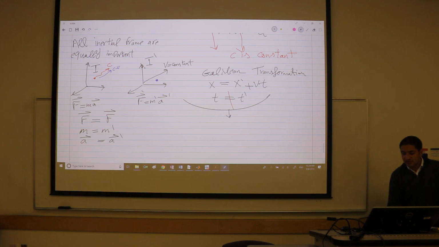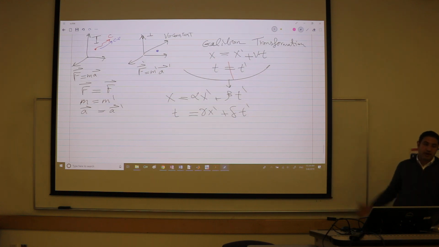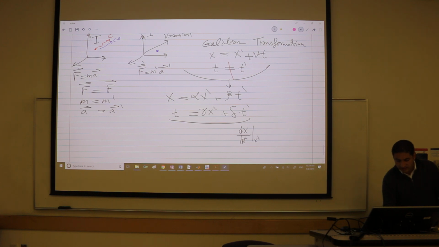So from this transformation, we will write the following transformation, which is just linear transformation, very easy. x equals alpha x prime plus beta t prime. And the t also transforms. So this is like t equals gamma x prime and delta t prime. And I just want to find the four parameters, alpha, beta, gamma, and delta, and we find them from this intuition, this conceptual thing that dx by dt, and if x prime is fixed, then this is v, obviously.